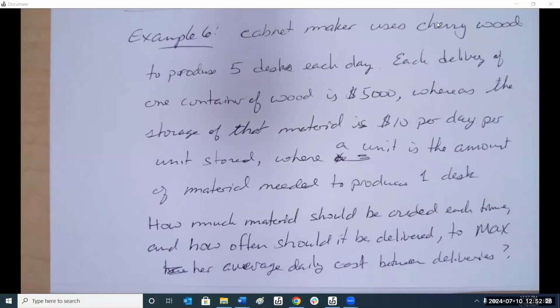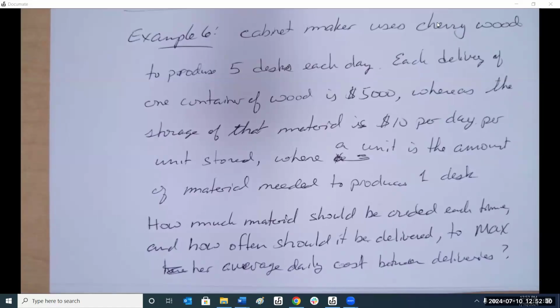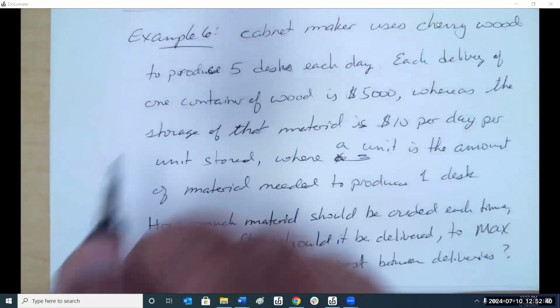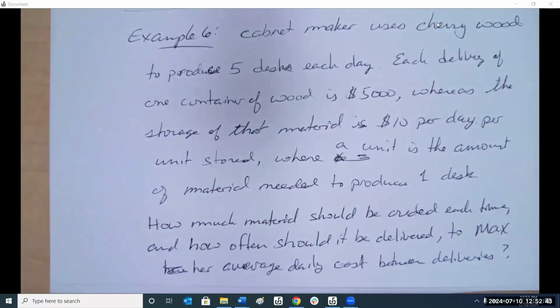A cabinet maker uses cherry wood to produce 5 desks each day.